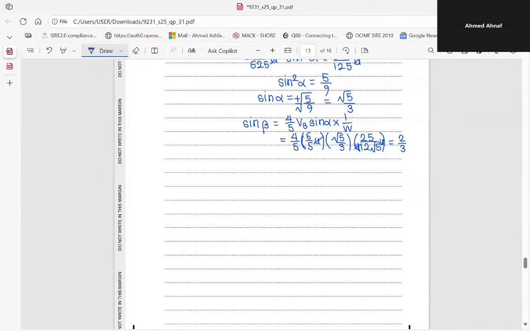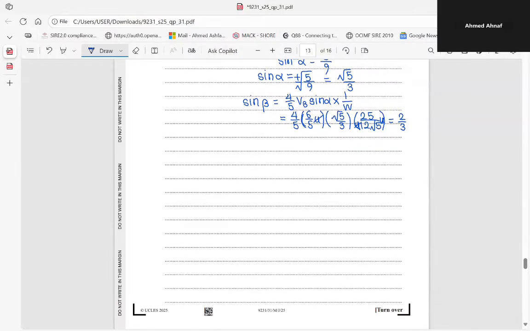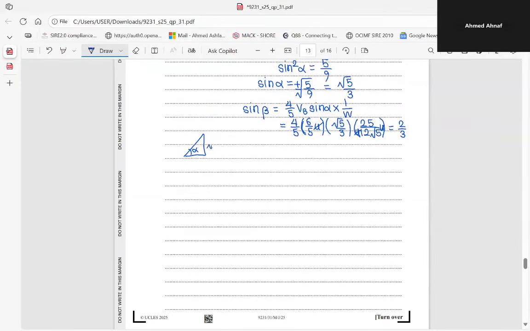Okay, now we can just find cosine alpha and cosine beta using the right angle triangle. So sine alpha: that's opposite, which is √5, and the hypotenuse, which is 3. Using Pythagoras theorem, 9 minus 5 is 4, so square root 4 is 2. And then for beta, sine beta is 2 over 3, so opposite is 2, hypotenuse is 3.